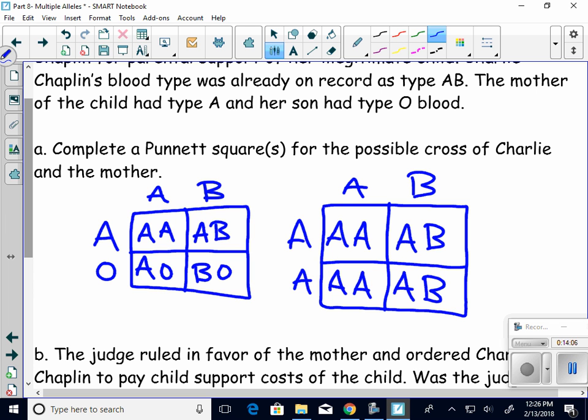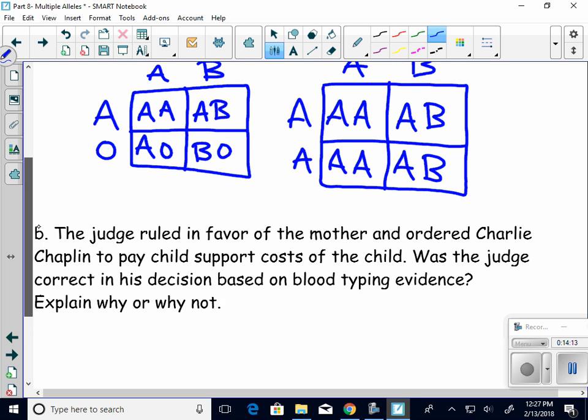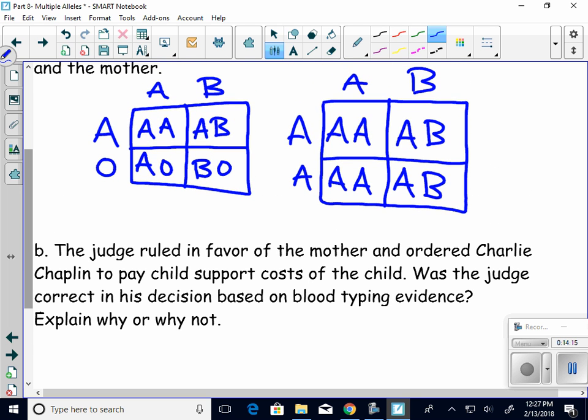Now, it says the judge ruled in favor of the mother and ordered Charlie Chaplin to pay child support costs for the child.